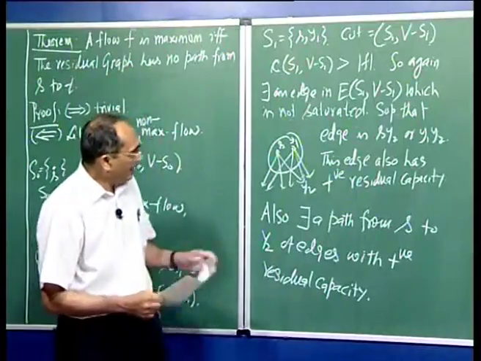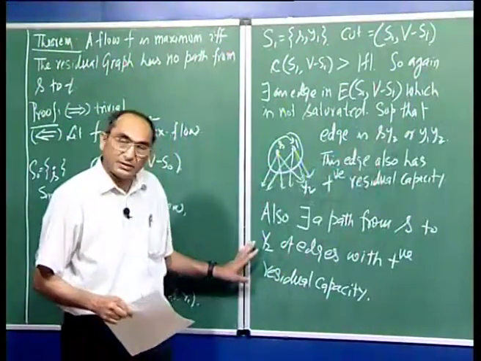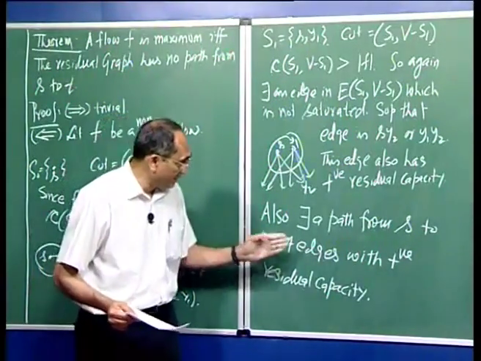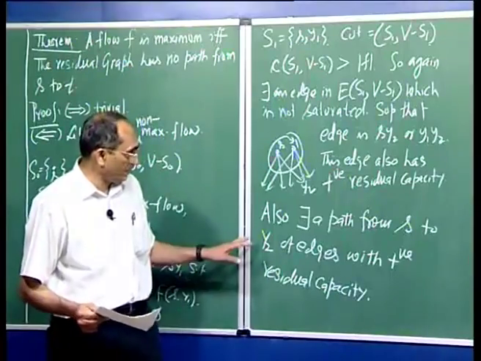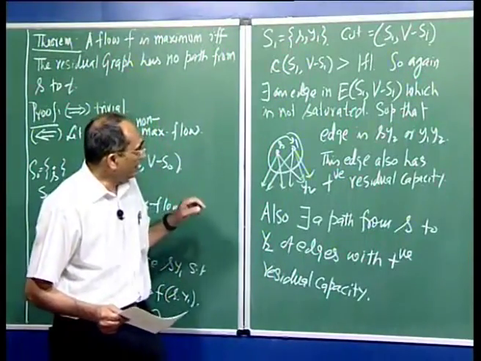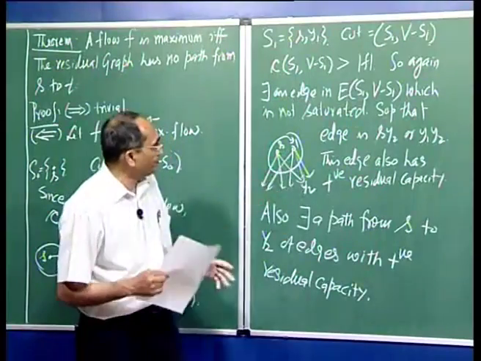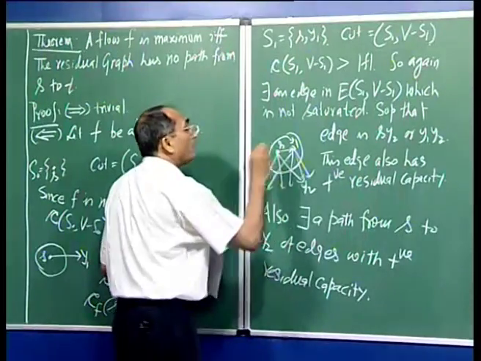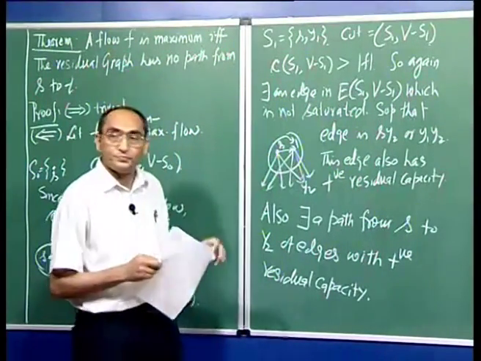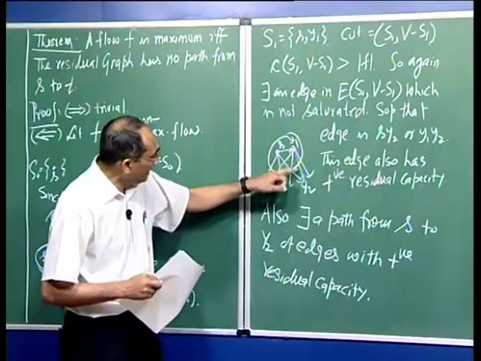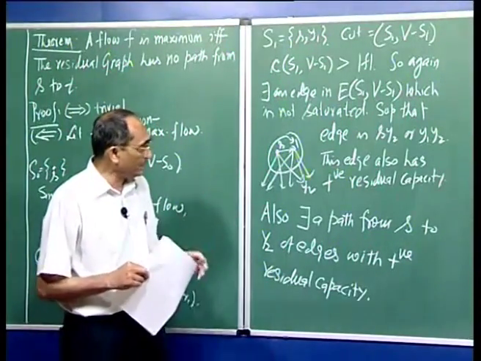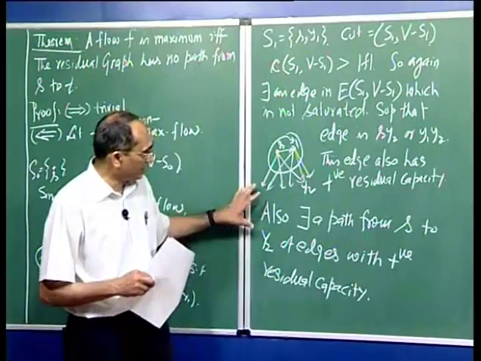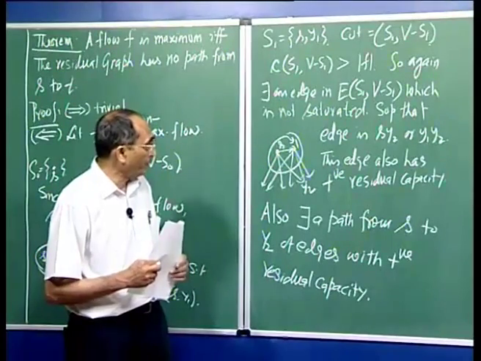Well, in case the edge was SY2, then that is the path. You have a path from S to Y2, and since it is the only edge, we already know that its residual capacity is positive. On the other hand, suppose the edge was Y1Y2, then the path is the edge that we had picked up earlier, SY1, followed by Y1Y2. Both of them had positive residual capacity. So now we still satisfy this requirement of existence of a path from S to Y2.